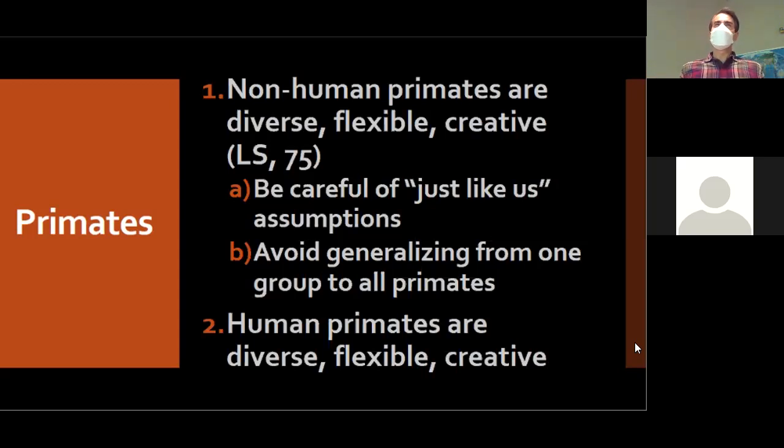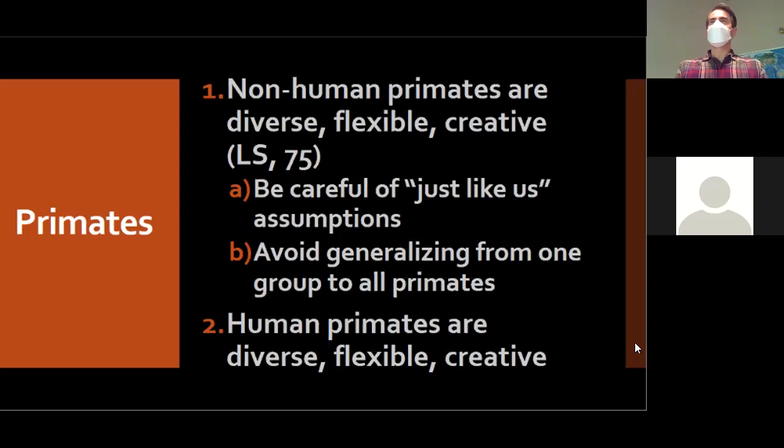Well, if we know how flexible, creative, and diverse the non-human primates are, then we can extrapolate that perhaps they don't tell us one thing, they tell us how diverse, flexible, and creative we can be as the human primate, since we are so closely related to them.